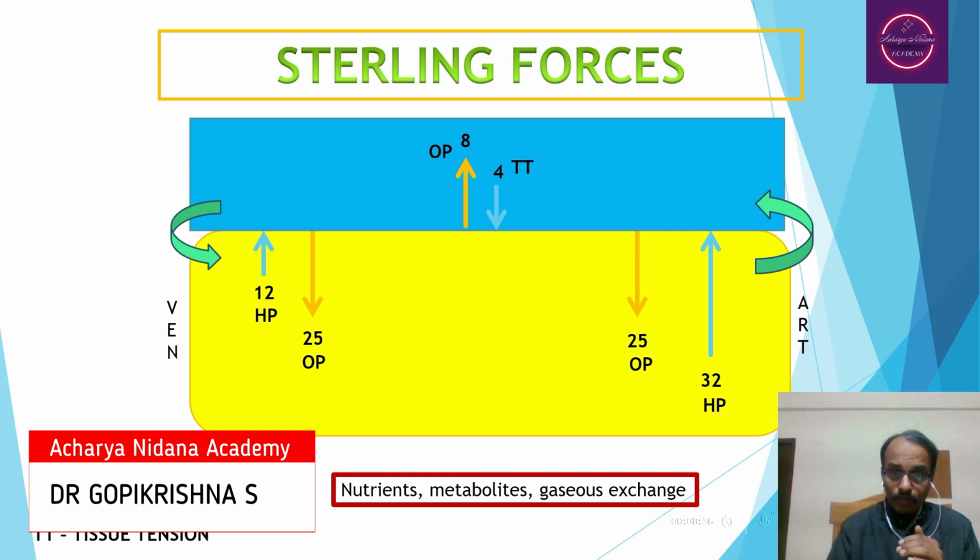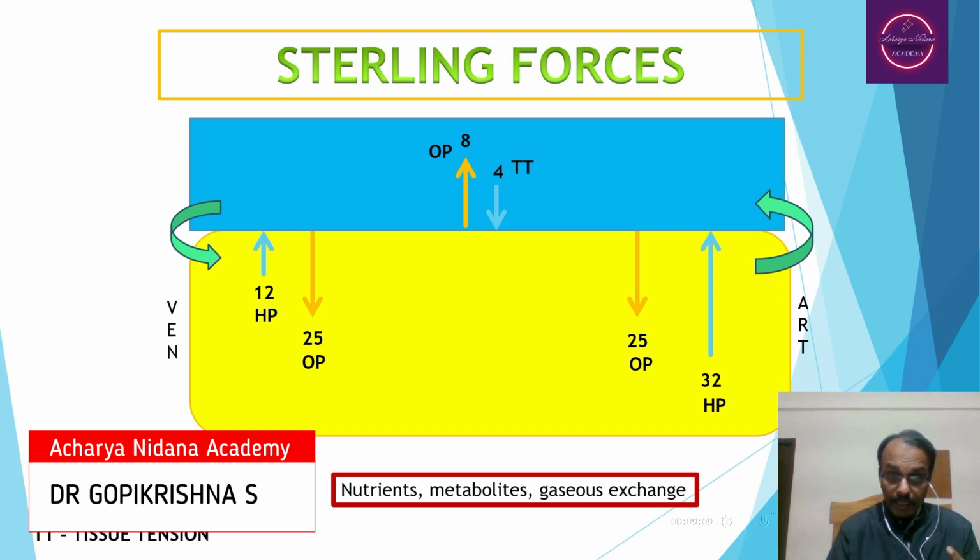So whenever you look into that, in the arterial end the hydrostatic pressure is more, whereas in the venous end the hydrostatic pressure is less. This is exerted by the water portion, whereas the oncotic pressure is considered constant throughout the capillaries and is exerted by the proteins and electrolytes.